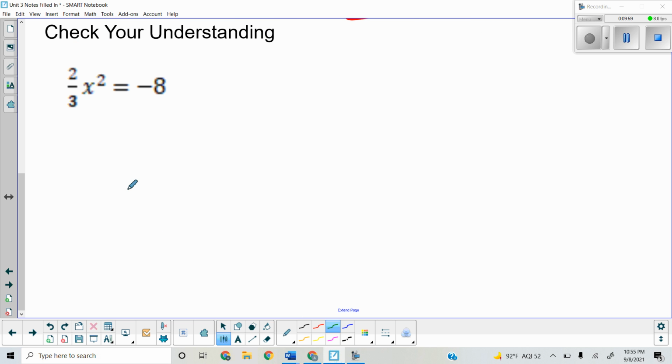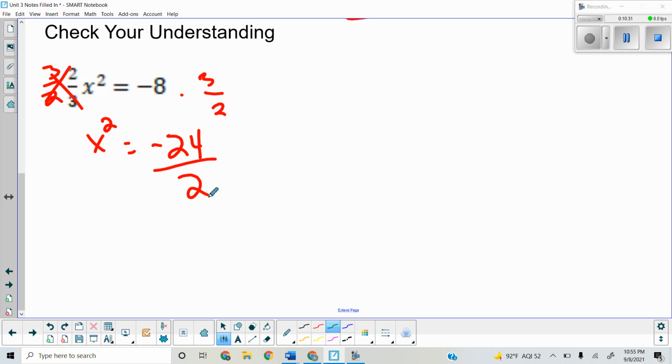So we have 2/3 x squared equals -8. So to get rid of a fraction, we multiply by the reciprocal. So we get x squared equals -8 times 3 is -24 over 2. We can reduce that.